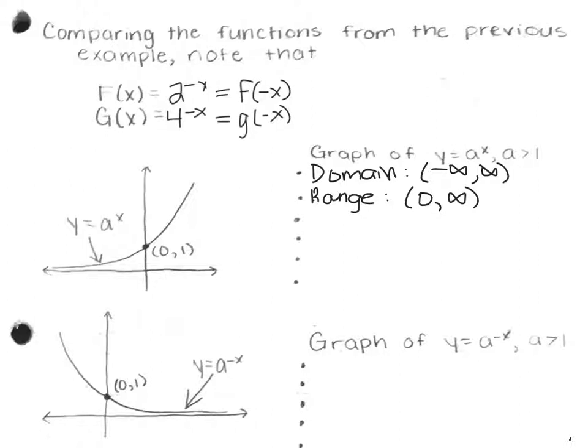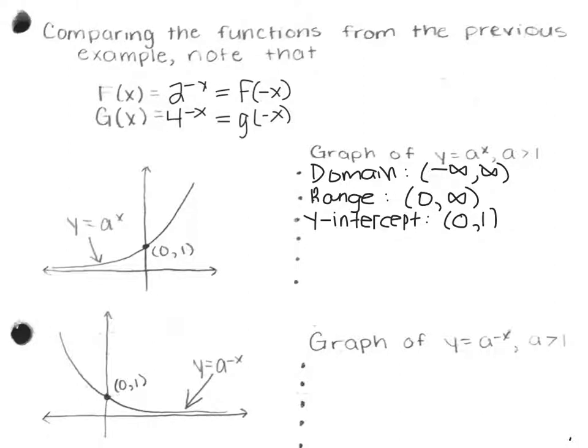Our intercept, which I'm going to label the y-intercept, in all of our graphs was always 0, 1. In this particular example, as x gets larger, y also gets larger.